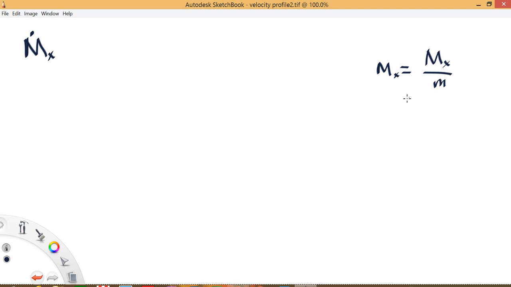Momentum is mass, you divide by mass, times velocity. So the mass will cancel. So you get u only, u in x direction, which is the same as in the question. The question goes to x direction. So therefore, which is u.